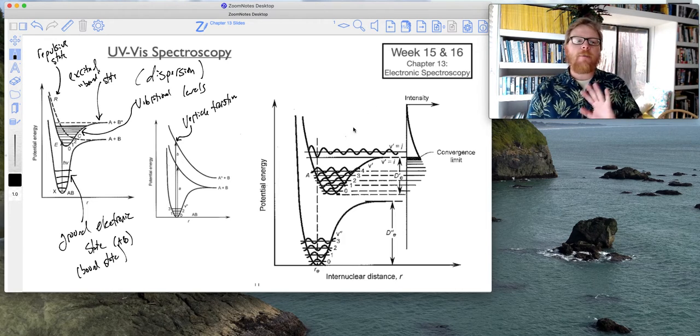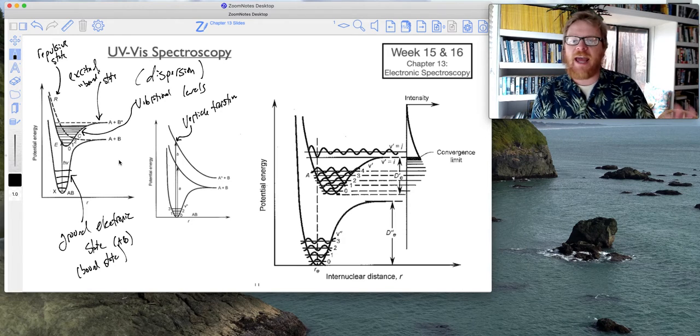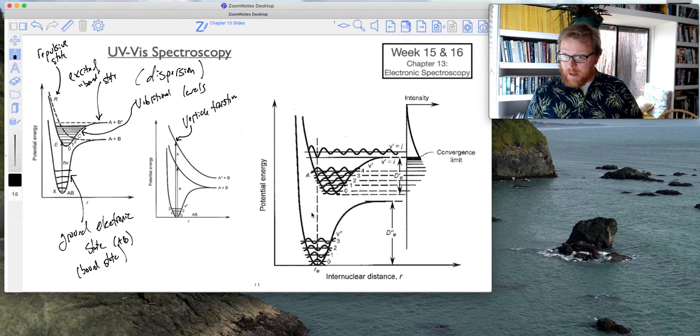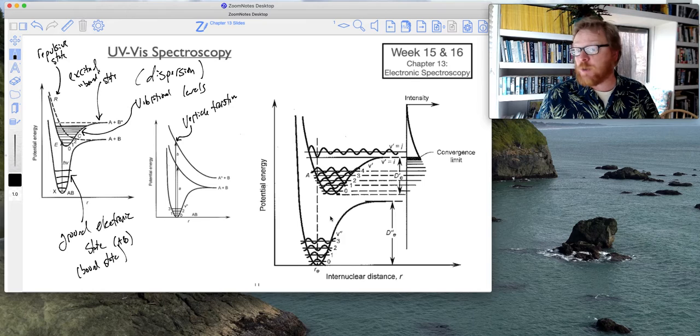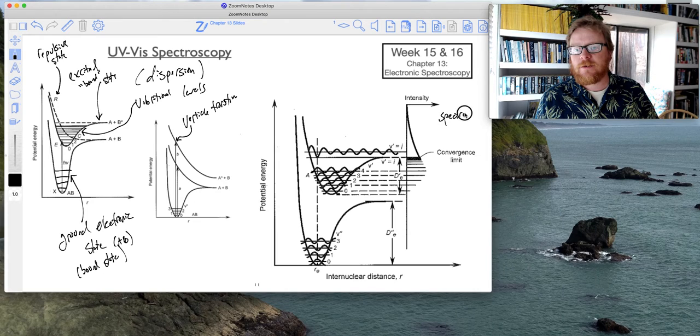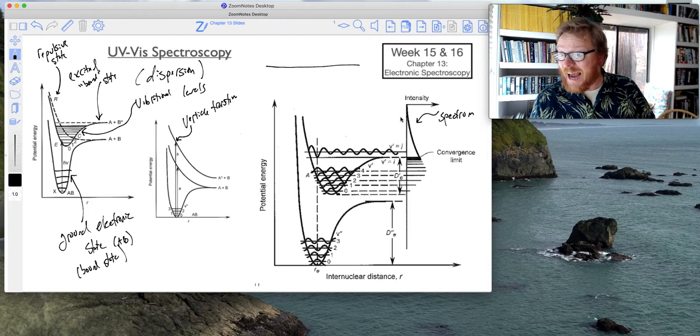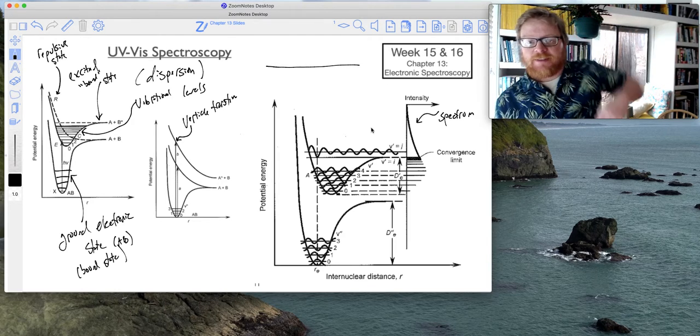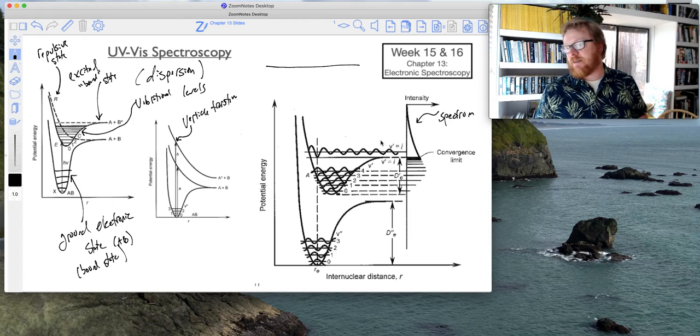And so if we try to imagine how does this now relate to what a UV-Vis spectrum will look like, that's what I have here on the right, okay? So here we can see we have potential energy on this y-axis. But now if we view this right here, okay, so I'm going to write spectrum. This is a spectrum tilted by 90 degrees, just rotated to be yx instead of xy.